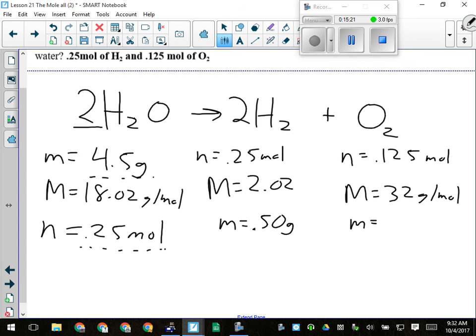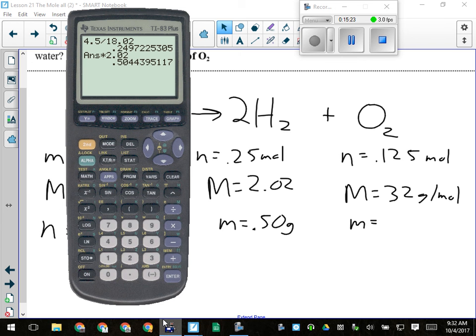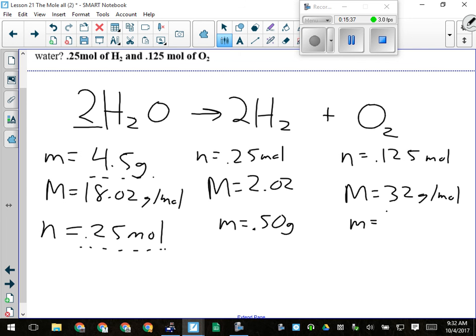I'm going to multiply my 32 by 0.125. Oh, I love it when things work out. How many grams of oxygen do I have? 4. So I've got 4 grams of oxygen, half a gram of hydrogen, and over here I had 4.5 grams of water. Law of conservation of mass, obeyed.